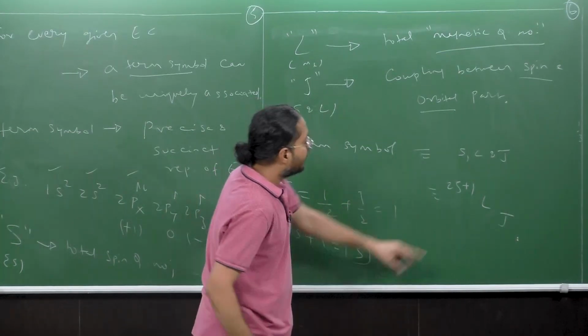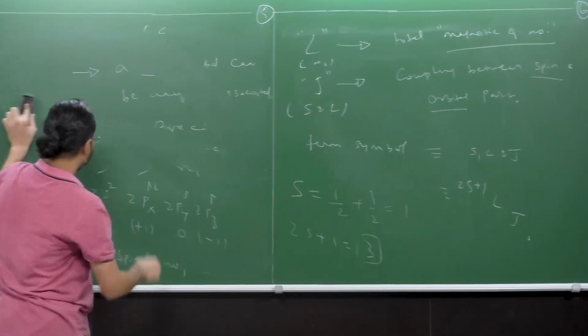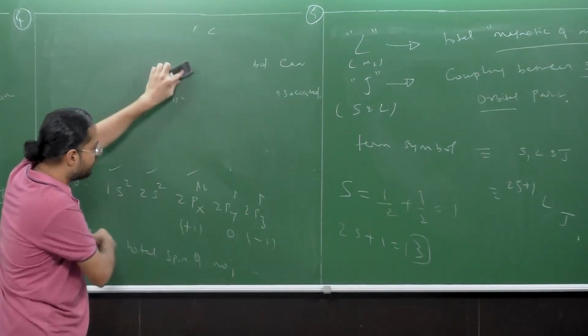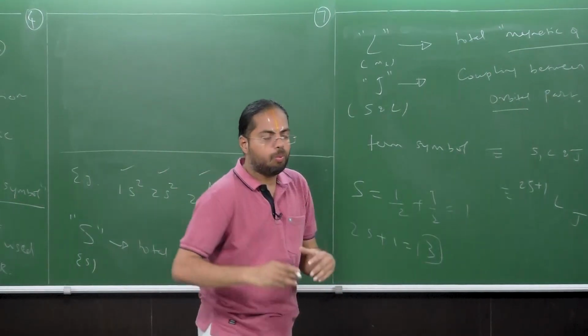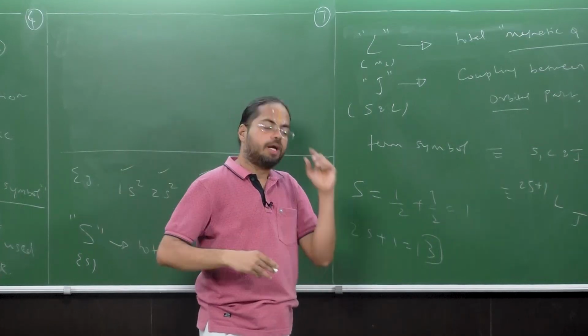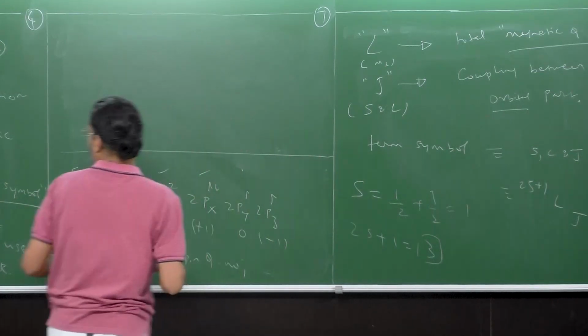Let us now look into the capital L value. I will just retain this oxygen representation. I'm trying to illustrate how to get a term symbol with the example of the oxygen atom.